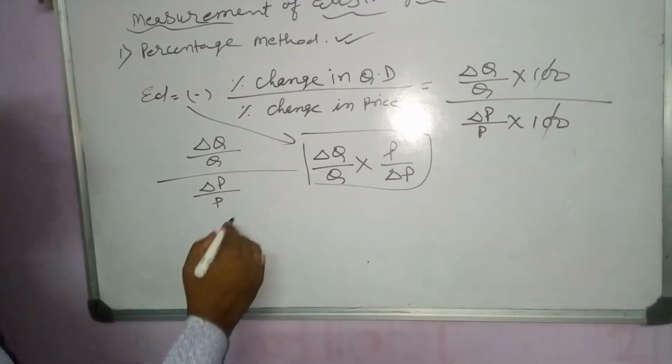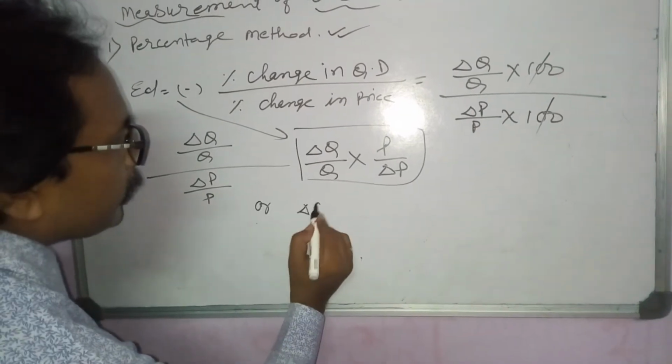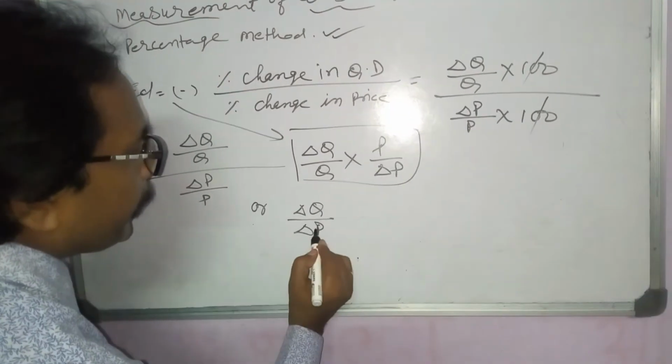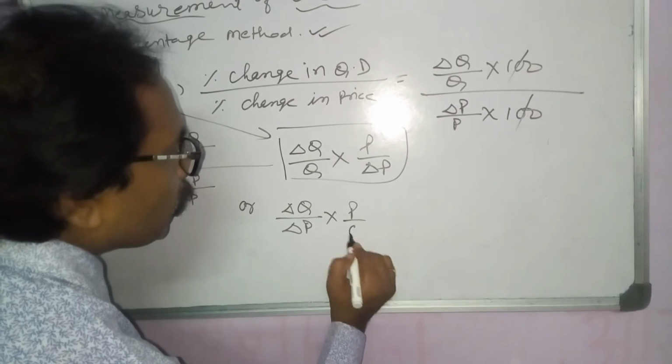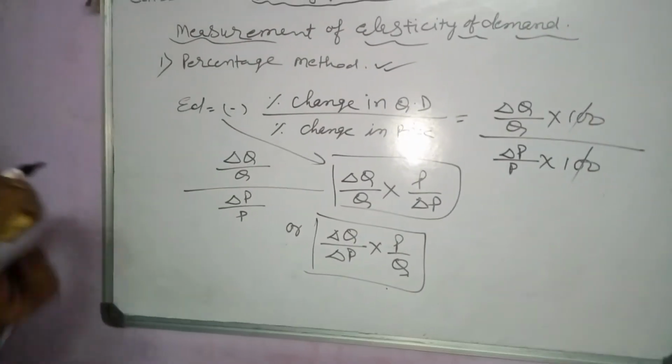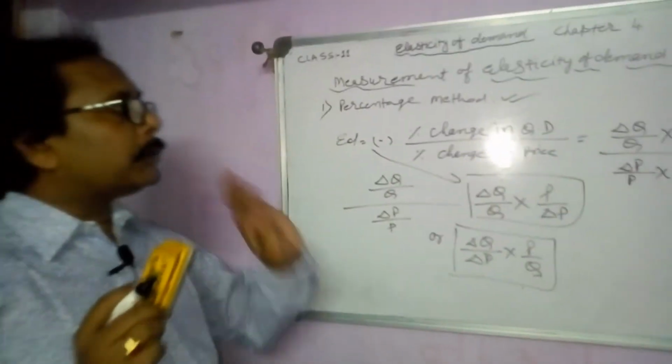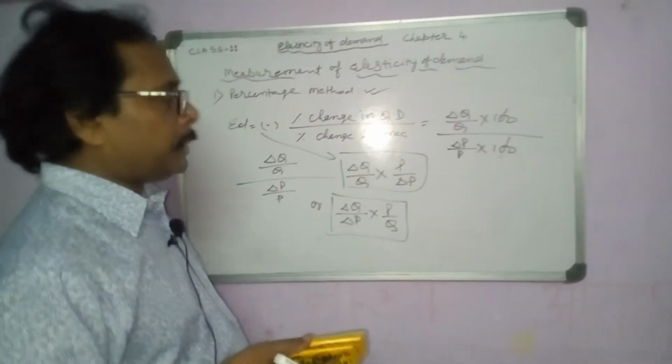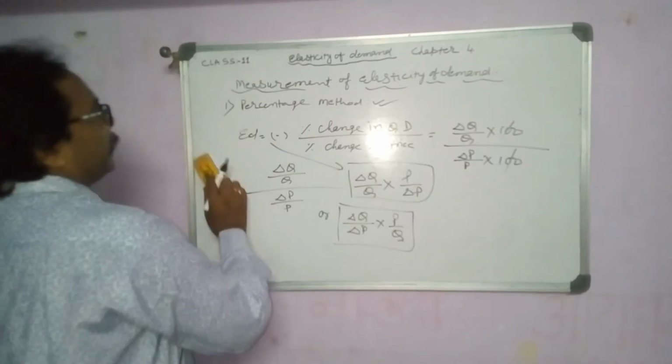Is it clear? Or we can write delta Q by delta P into P by Q. So this is the measurement of price elasticity of demand with the help of the percentage method. Is it clear? Thank you.